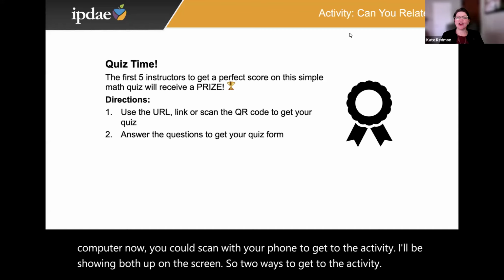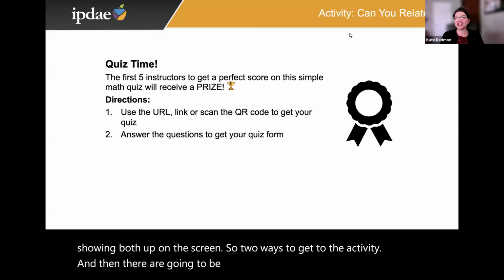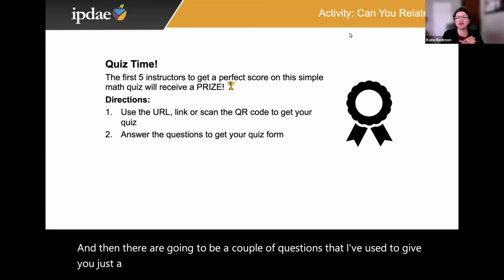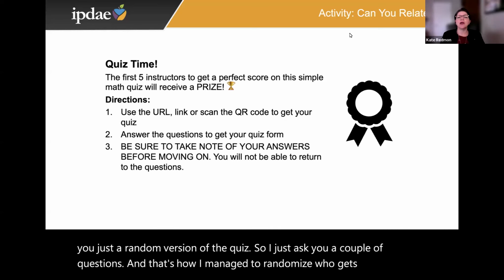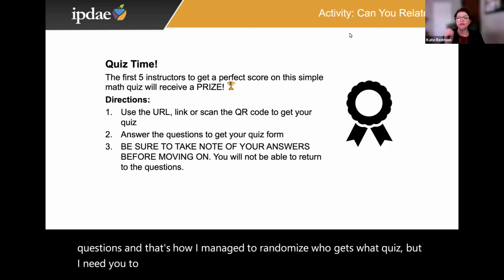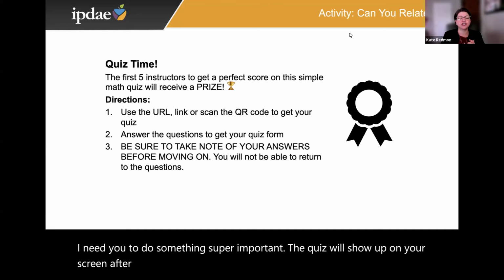And then there are going to be a couple of questions that I use to give you just a random version of the quiz. So I just ask you a couple of questions, and that's how I managed to randomize who gets what quiz. But I need you to do something super important. The quiz will show up on your screen after you answer your questions. You get your version.